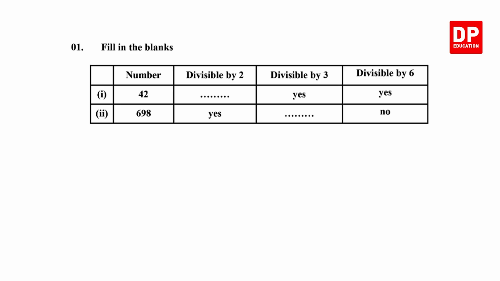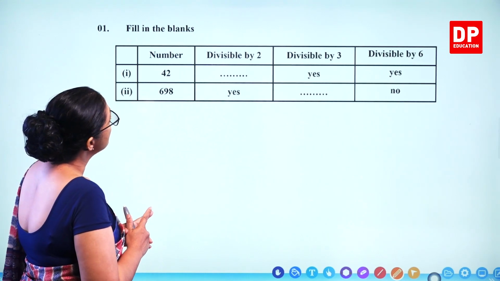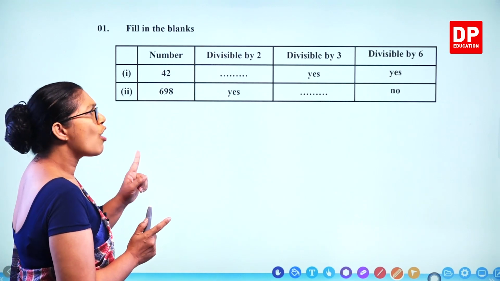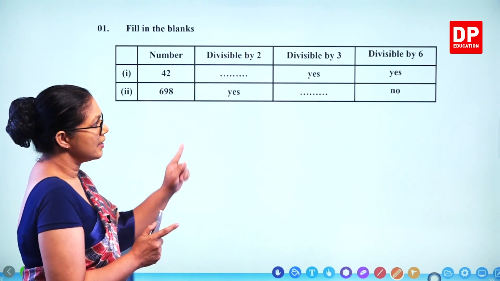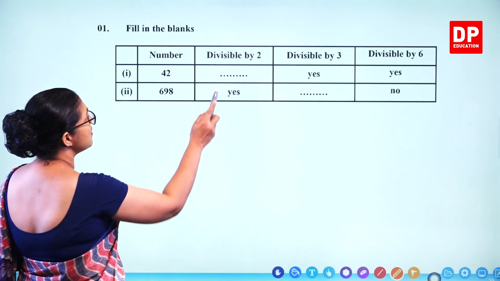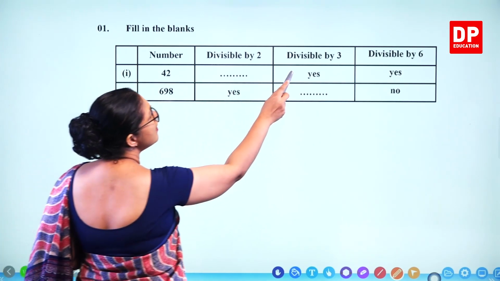Let's take question number 1. Fill in the blanks. You are given numbers divisible by 2, divisible by 3 and divisible by 6. It's already given whether it's divisible by 6 or not, yes or no. So you have to identify whether it's divisible by 2 or divisible by 3.